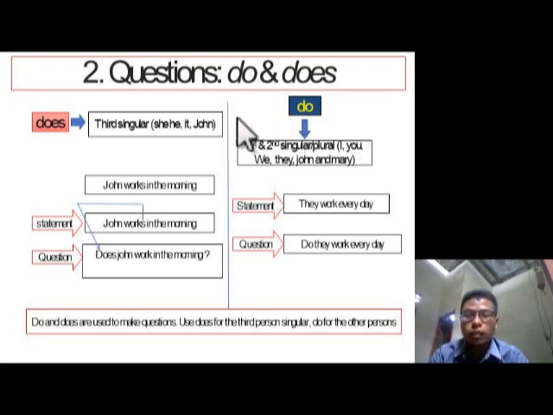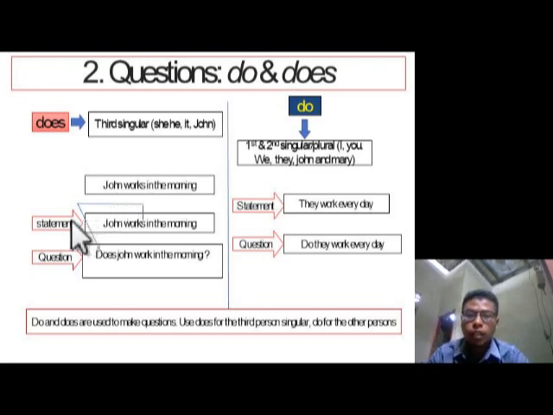Nah, oke, pertama does, ya, kita bahas dulu does. Does digunakan hanya untuk menanyakan kegiatan yang dilakukan oleh third singular subject. Jadi does ini hanya ditanyakan ketika subjeknya itu third singular, ya. Misalnya she, he, it. Nah, contohnya statementnya adalah John works in the morning.